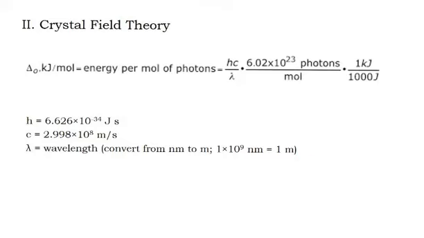Now that lambda needs to be in meters, so you'll have to convert it from nanometers using the conversion factor that 1 times 10 to the 9th nanometers is equal to 1 meter. So you plug in hc and lambda, multiply by Avogadro's number, divide by 1,000, and you'll get your crystal field splitting energy. And you'll need to do that for each of the two compounds based on their 2 lambda maxes.